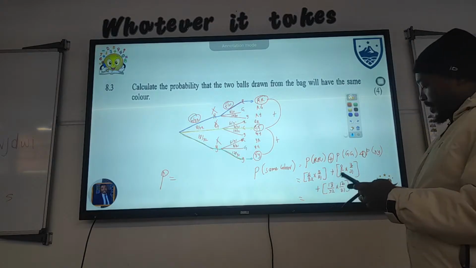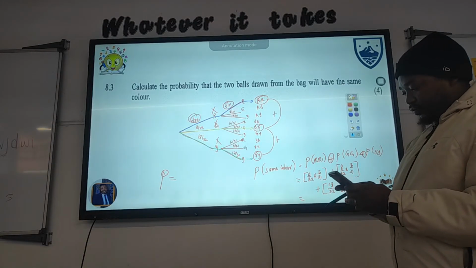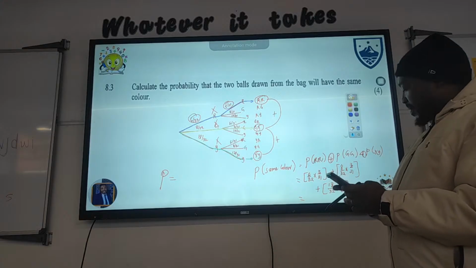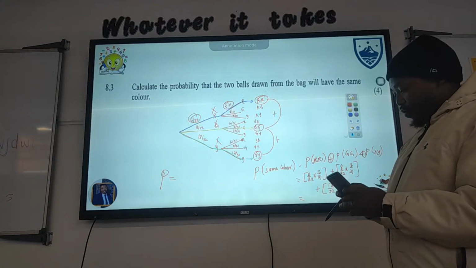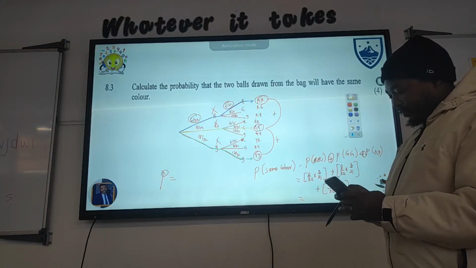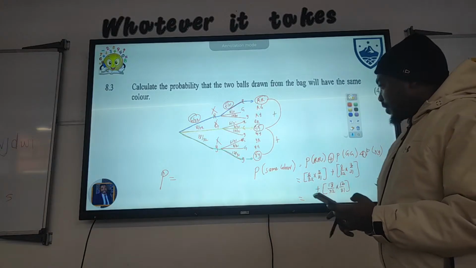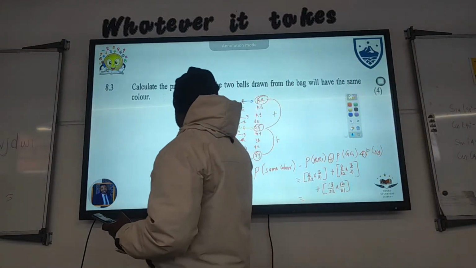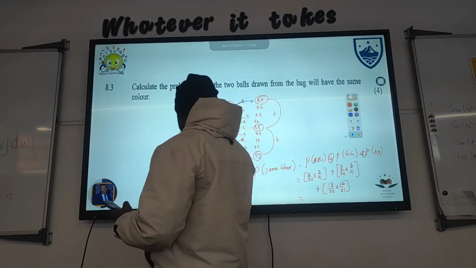And then the last one, 18 over 32, multiplied by 17 over 31. And then the probability is 49 over 124.